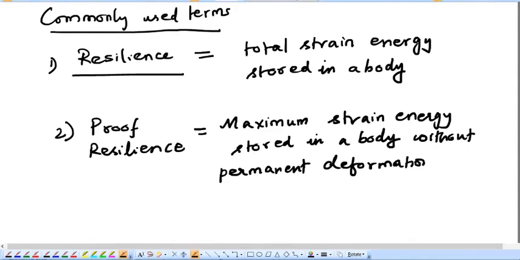So when the permanent deformation happens, if it goes above the elastic limit, you can expect permanent deformation.